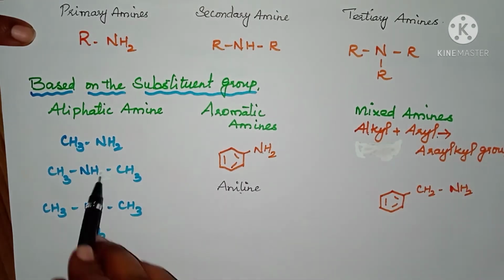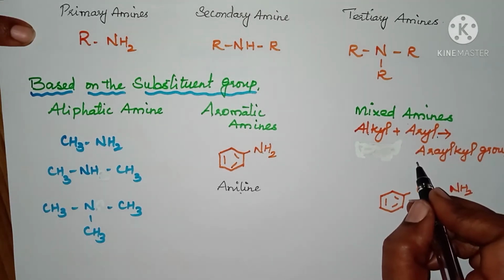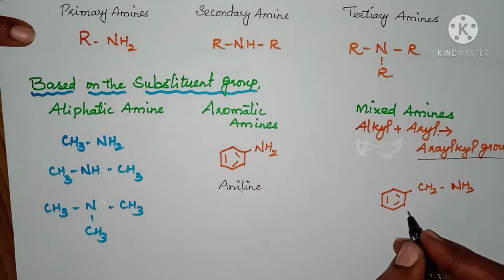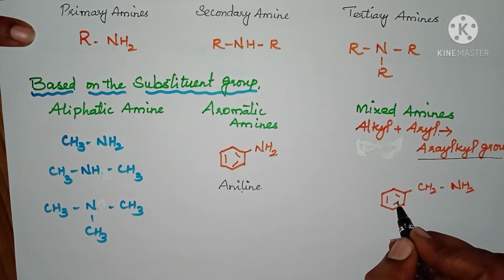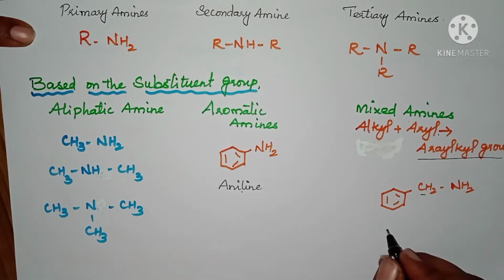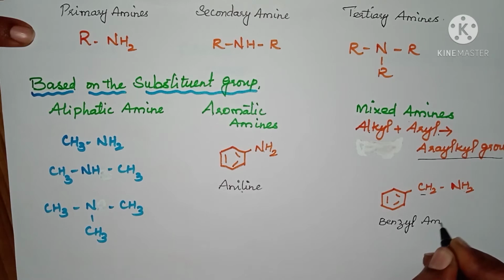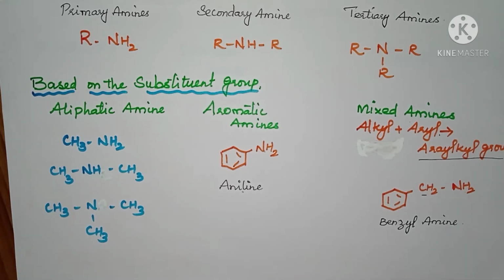That means both combined, it is called mixed amine, so we can say an aryl-alkyl group. Here you see a benzene group attached to CH2, which is attached to the amine. So that means benzylamine. Hope you got this.